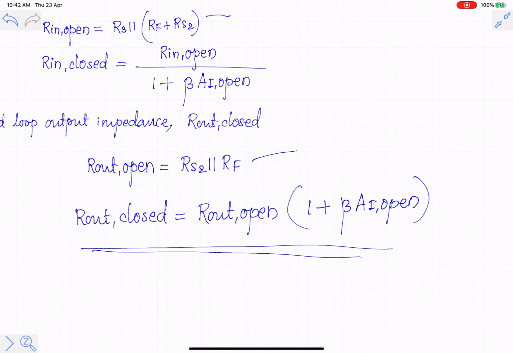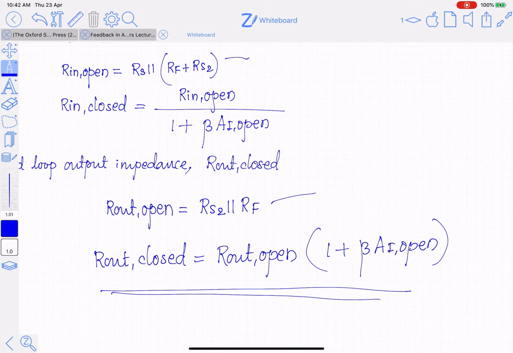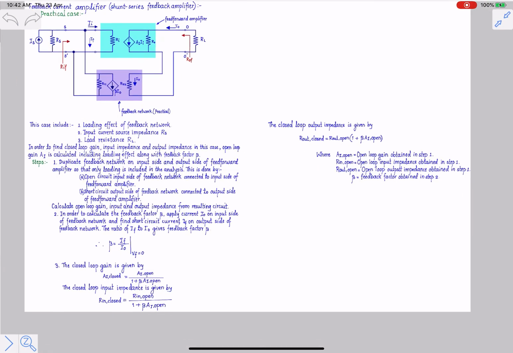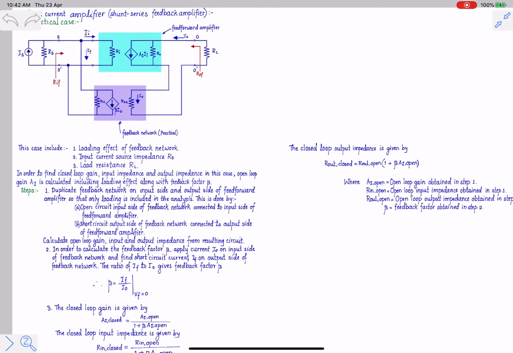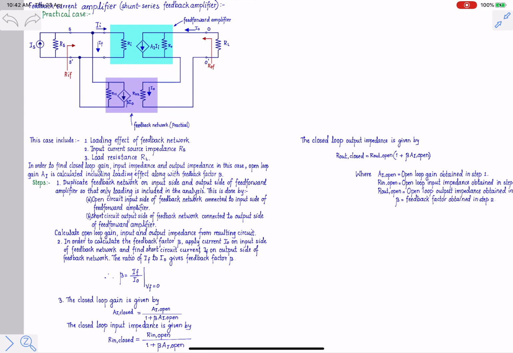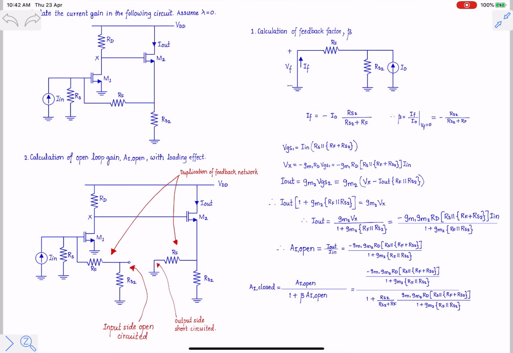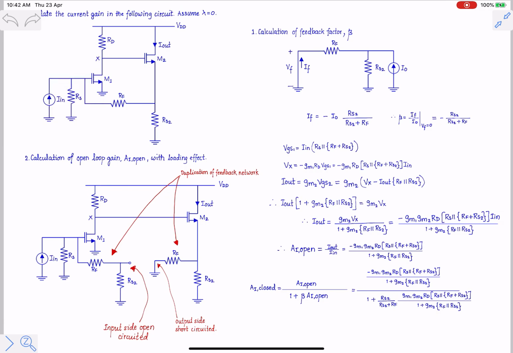Now for analysis of this complete current amplifier in the practical case, you can go through this slide. Whatever steps I told you during this session have been explained here, and the same problem has been solved here. But here I have not calculated R in closed and R out closed. You can calculate them using the method that we have discussed. Thank you.